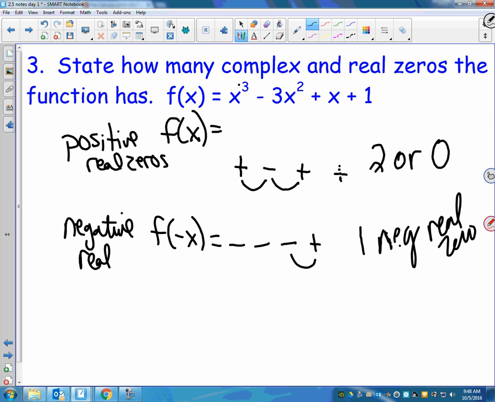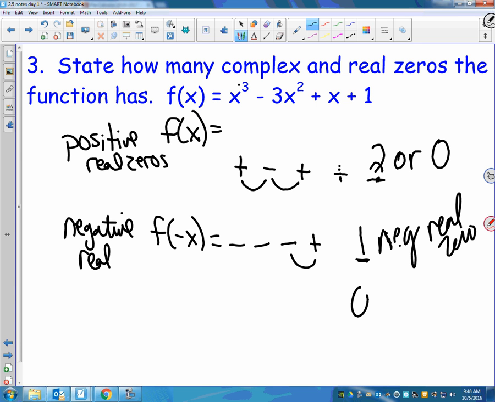Fundamental theorem of algebra: it has exactly n zeros. What is the degree of this function? 3. So there has to be 3 zeros. So if there's 2 positive and 1 negative, how many could be imaginary? None, because that already adds up to 3.